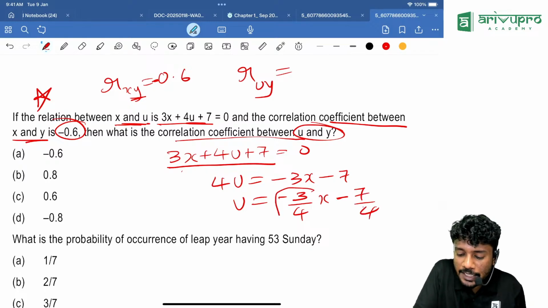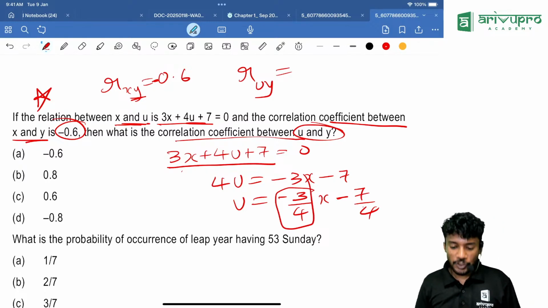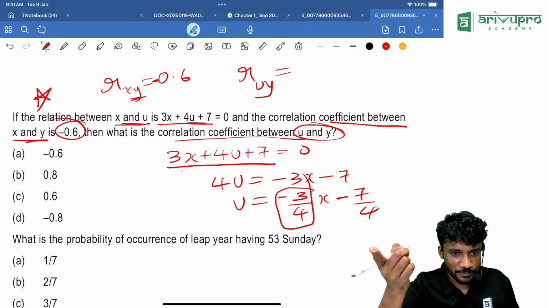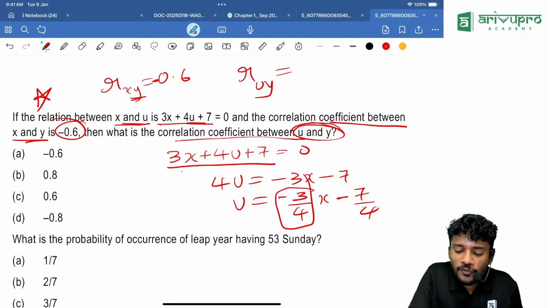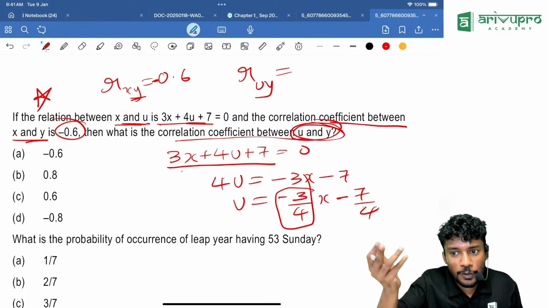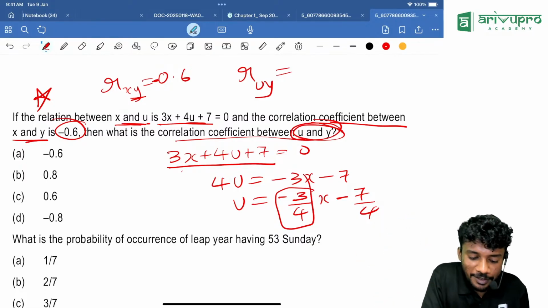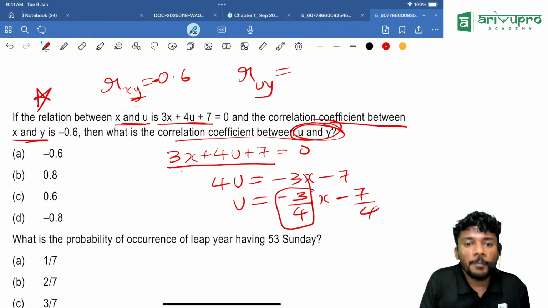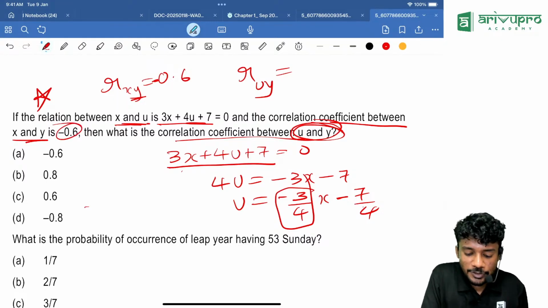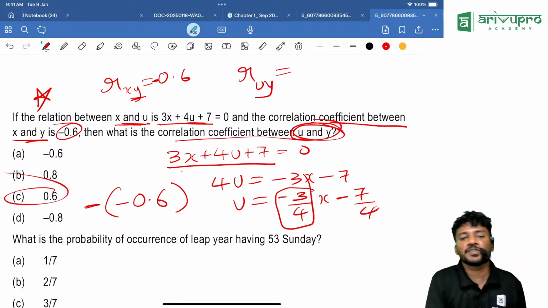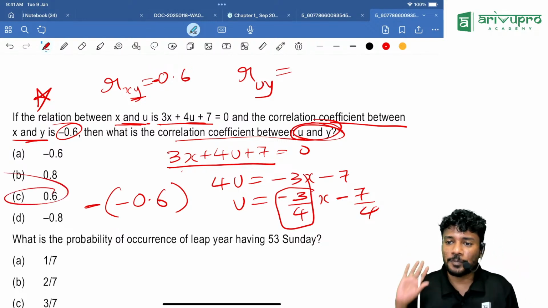That means this is negative, right? Ux is negative. Then uy will also be negative. X and y is given as minus 0.6. So the answer is minus of minus 0.6. Answer is option C, plus 0.6.